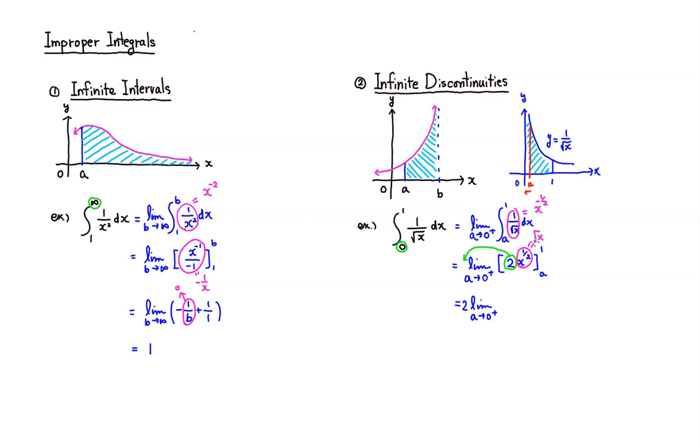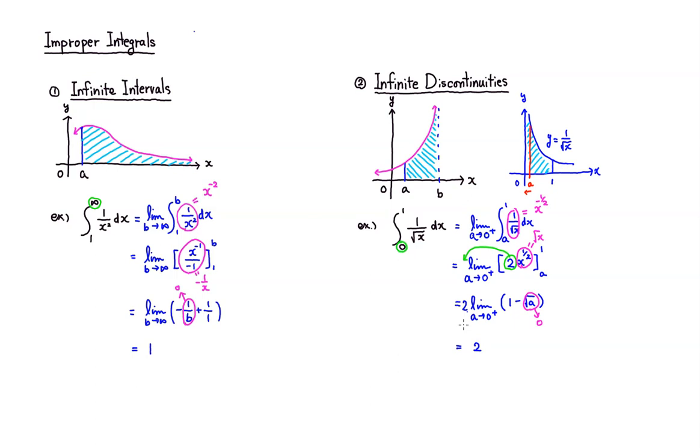So if you plug in 1, square root of 1 is 1, minus plug in x equals a, the square root of a. All right, then as a approaches 0 from the right, you can see that the square root of a is going to approach the square root of 0, which is 0. So we have 2 times 1, so the value is 2.